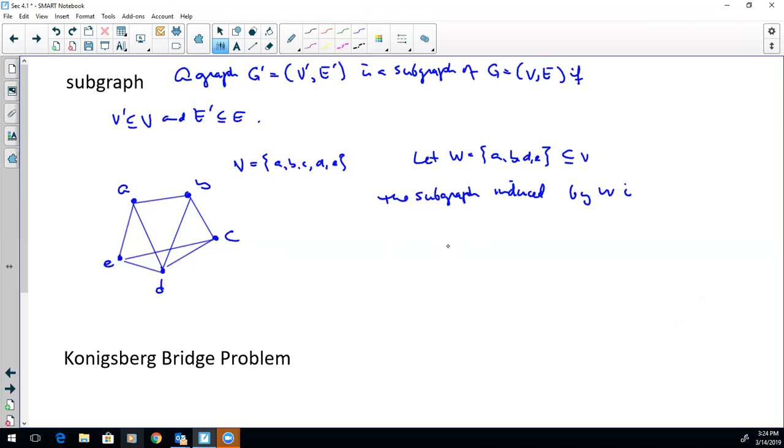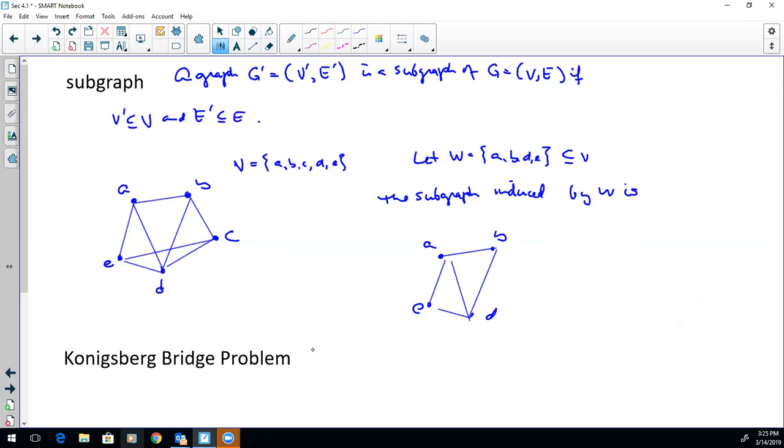Okay, the subgraph induced by W is going to have A, B, D, and E. A will be connected to B, B will be connected to D, D to E, E to A, and A to D. Okay, so this is the subgraph that's induced by the subset of vertices.